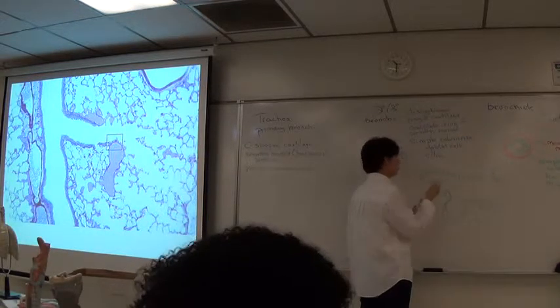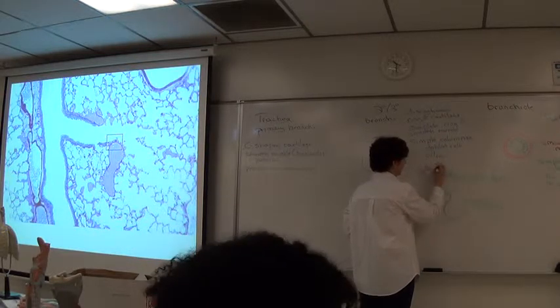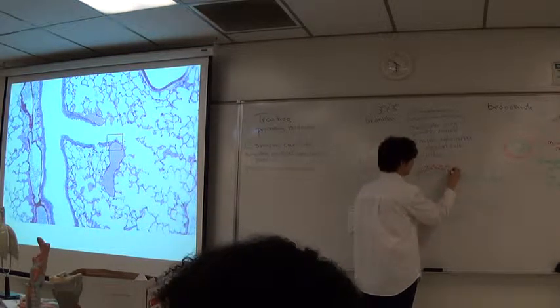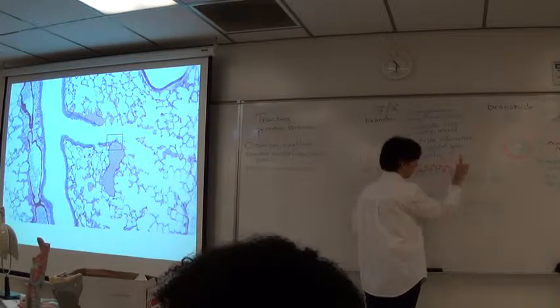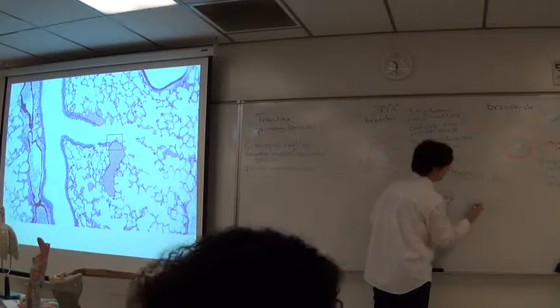Now this is a longitudinal section, so remember our smooth muscle is going to be cut in cross section, like our blood vessels, because it's going in a ring.